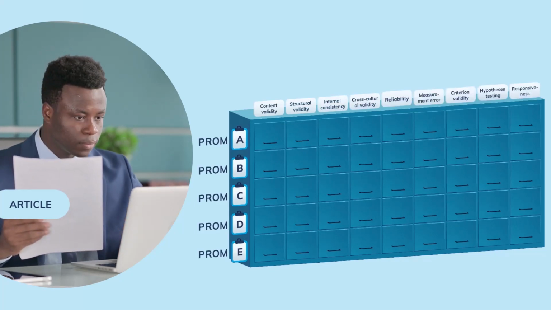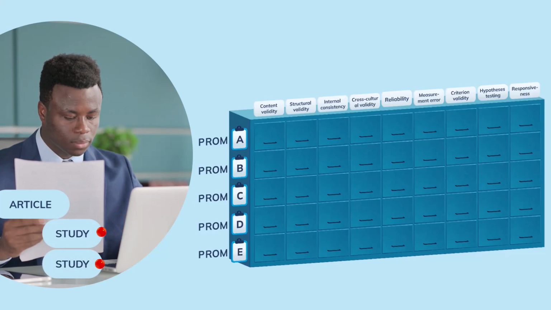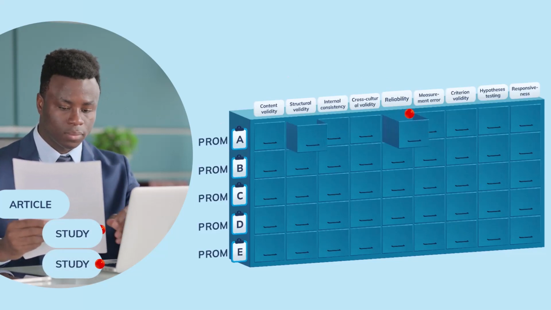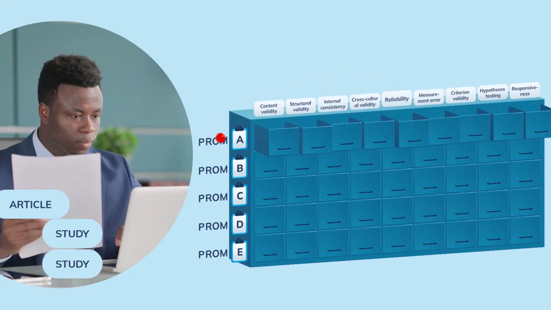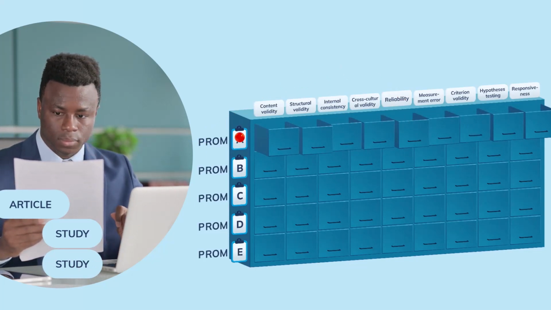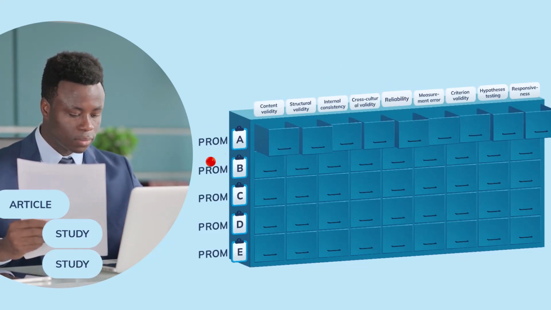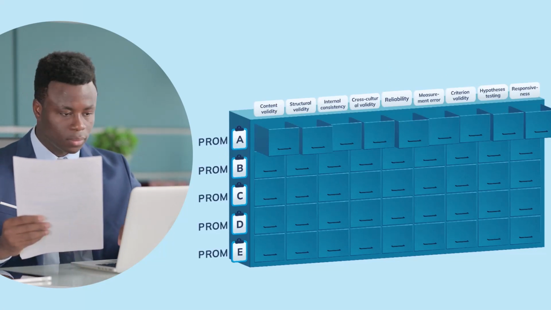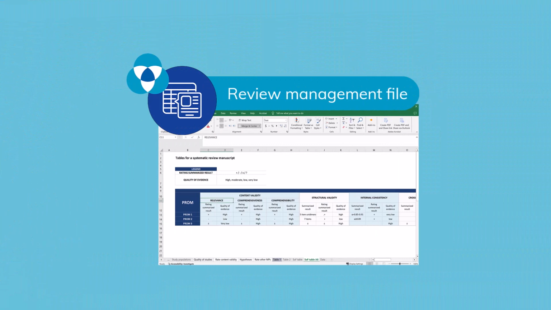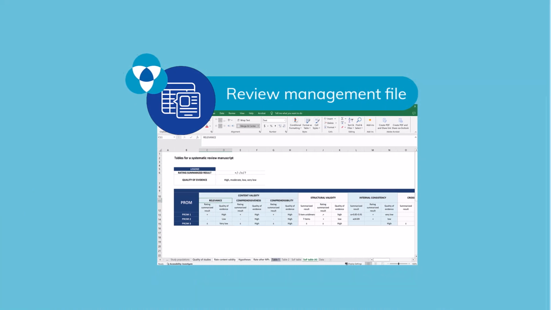Then you find all the studies in your article and organize them by PROM and measurement property. You will often find multiple studies on different measurement properties in a single article. For example, a study on structural validity and a study on internal consistency. You can use our COSMIN review management file to extract all your data during step 5 and 6.